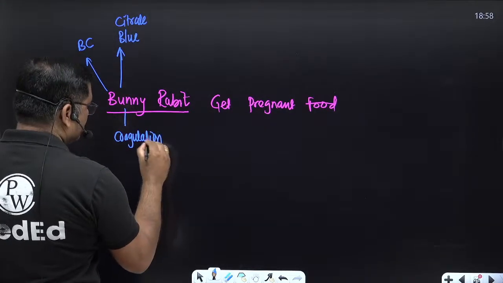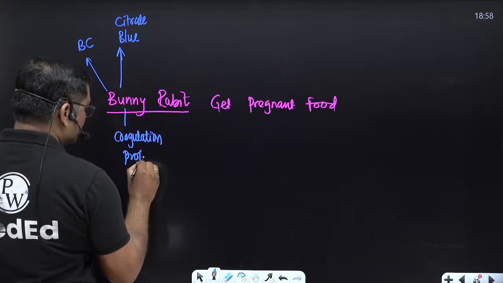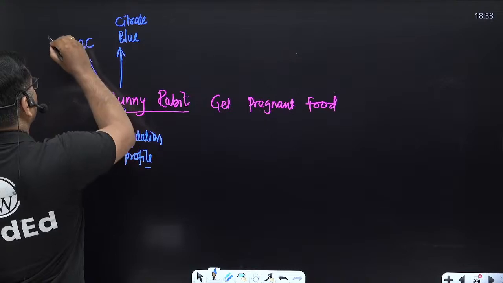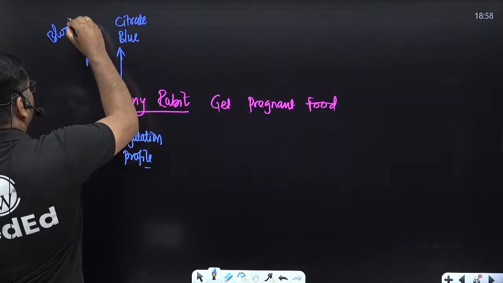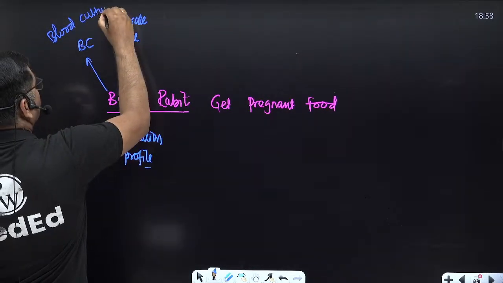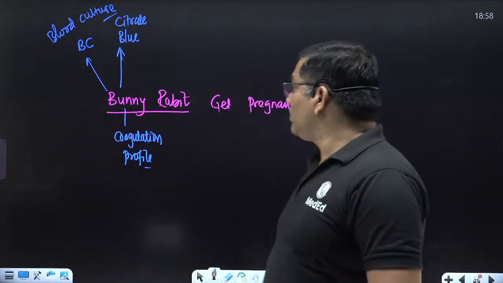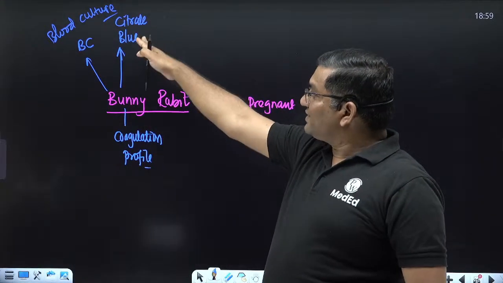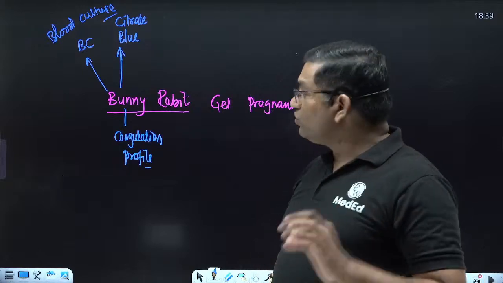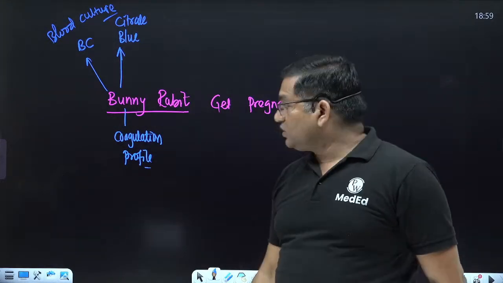The first is the blood culture bottle. First is the blood culture, followed by the light blue citrate tube for the coagulation profile.